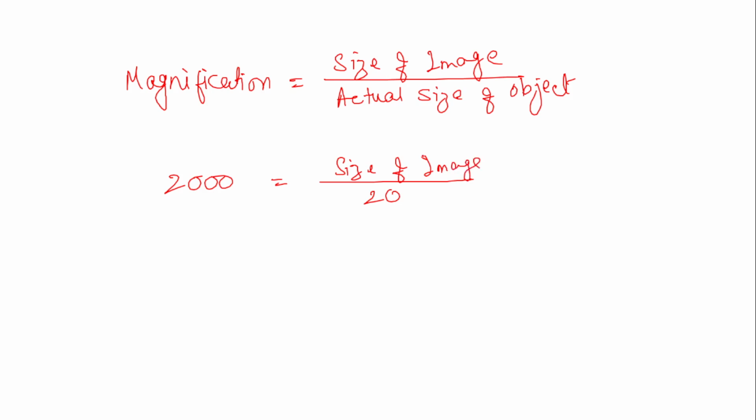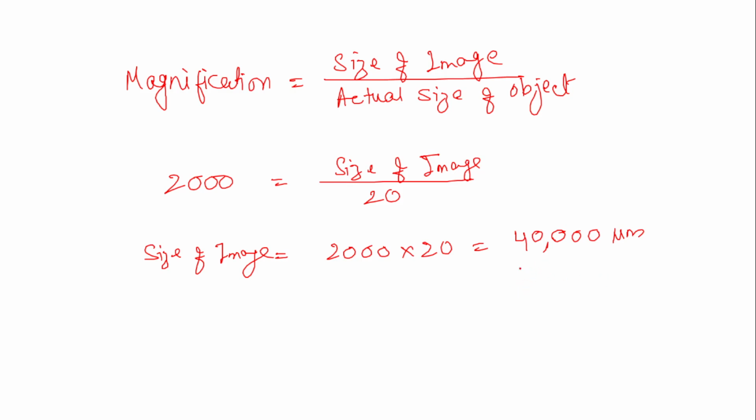So if actual size of the object is 20 micrometers, what will be the size of image? Here we have to find out. So size of image will be equal to 2000 into 20. So that will be equal to 40,000 micrometers, or we can also write it as 40 millimeters, right?